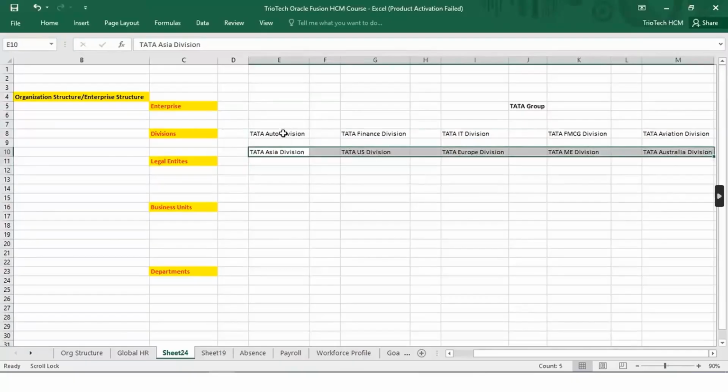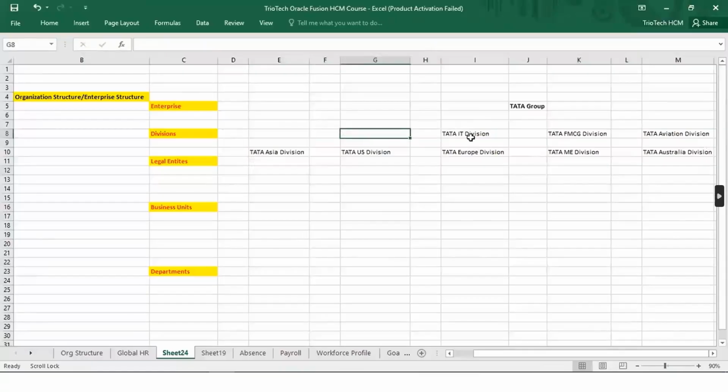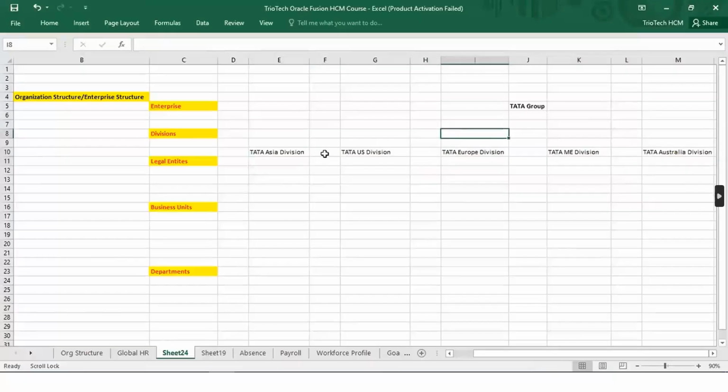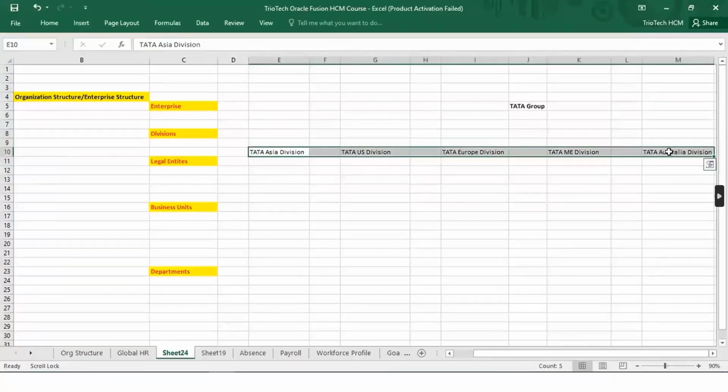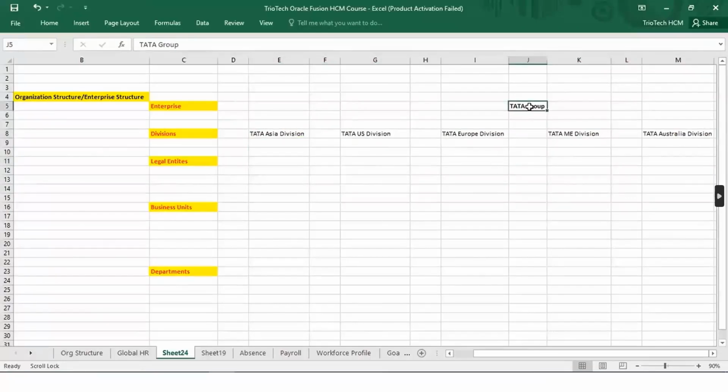So let us go as of now, region wise. Okay. So I'm going with Tata Asia, Tata Europe, Middle East and Australia. Let me go with this. Okay, right. So this is my enterprise at the top. Under my enterprise, these are the divisions that my client having in their business.